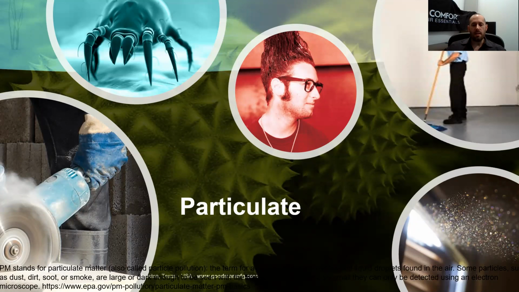Okay, so what is a particulate? Particulate is that dust, dander, pollen. It's the things I like to say make people sneeze. In commercial, you might also see things like wood dust or industrial dust.